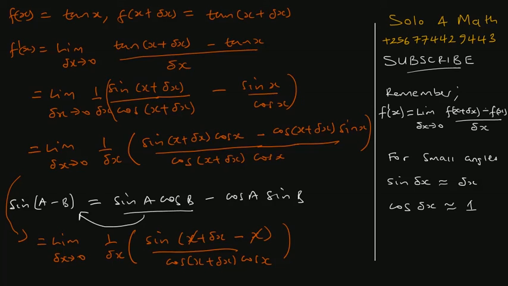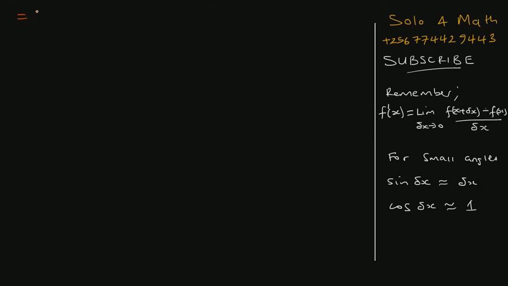So we remain with a limit as dx tends to 0 of 1 over dx into sine dx over cos x plus dx into cos x.